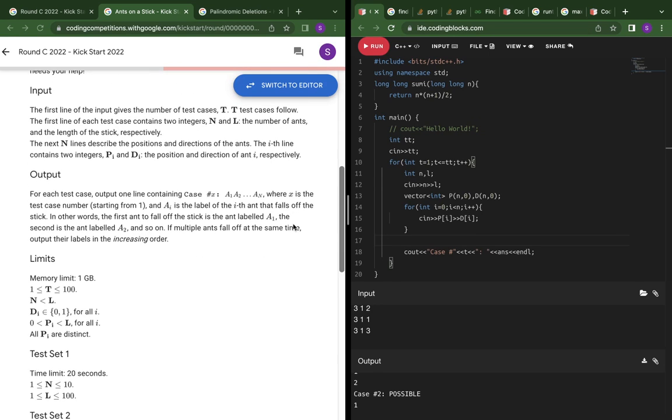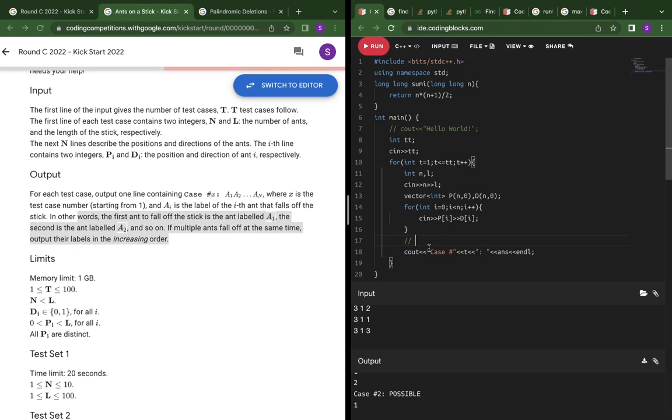So I'm thinking we can simulate it maybe. So let's consider some cases first, and we have to print the answer like case number x. X is the test case number and A is the label of the ith ant to fall off the stick, otherwise first ant to fall off the stick.